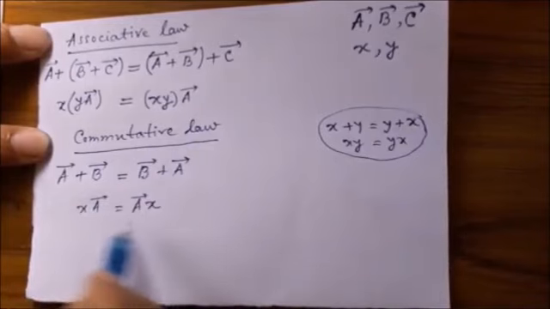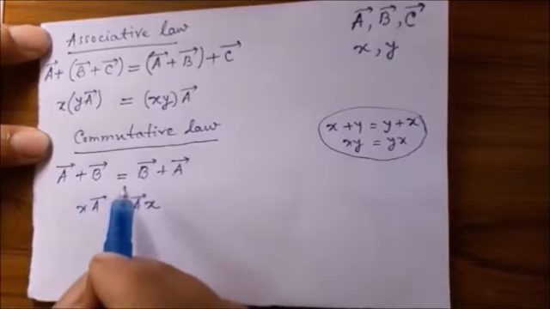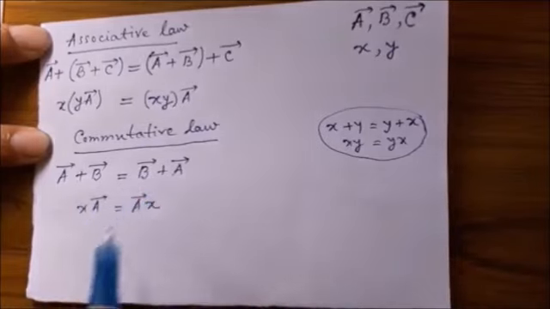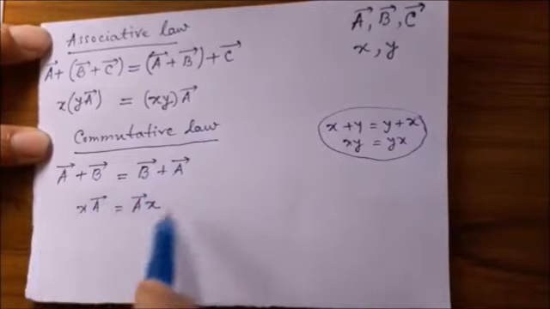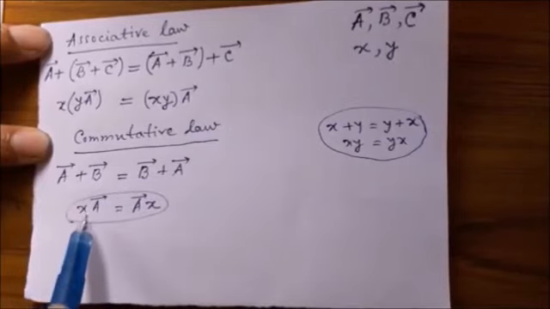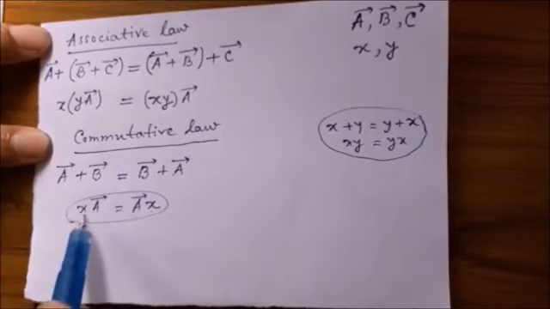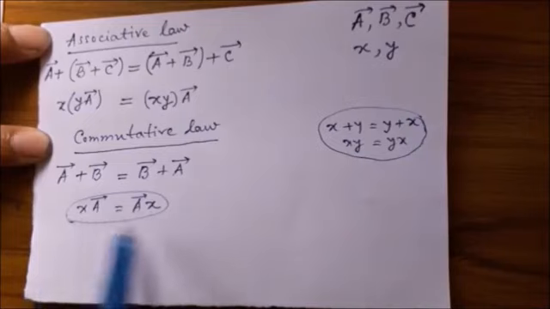Now the two things are same. So vectors obey commutative law, and this expression is very important because this shows that scalars can be put anywhere. It can be put first or it can be put later. So scalars can be pushed in at any place according to our way of writing, according to our wish.